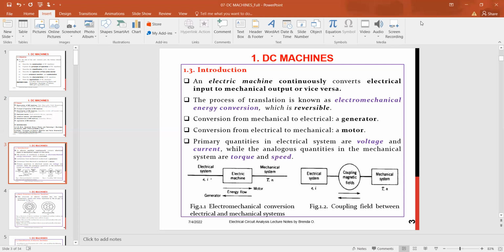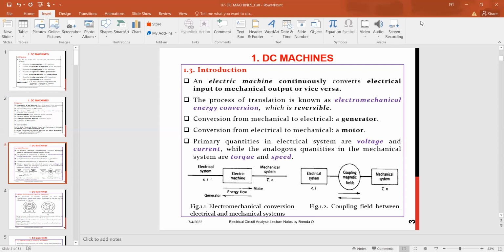The process of translation from mechanical to electrical or from electrical to mechanical is called electromechanical energy conversion, which is reversible. You can do electrical to mechanical or mechanical to electrical, as we have seen earlier.